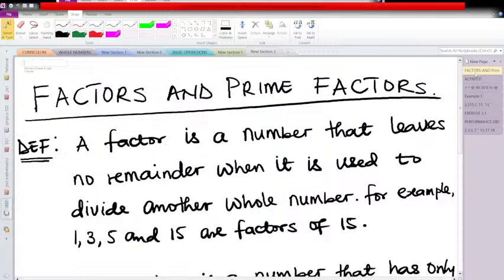And prime factors are said to be factors that are prime, or we'll say prime factors are said to be factors that have only two factors, one and itself, of which we say a prime number is said to be those numbers that have only two factors, one and themselves. So if a number which is a prime number happens to be a factor, it can be referred to as a prime factor of that number.